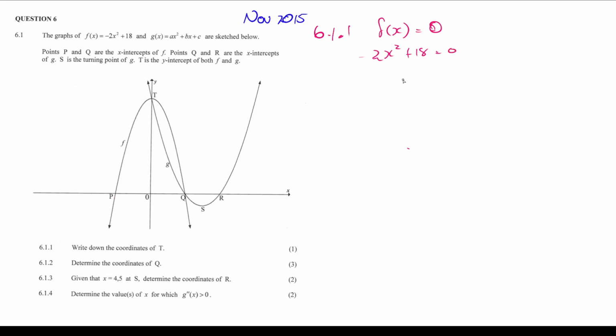I'm going to take the 18 over, so negative 18 equals negative 2x squared, divide by negative 2, and we have x squared equals 9, and then we're going to square root, remember plus and minus, and then we end up with x equals negative 3 or x equals positive 3.